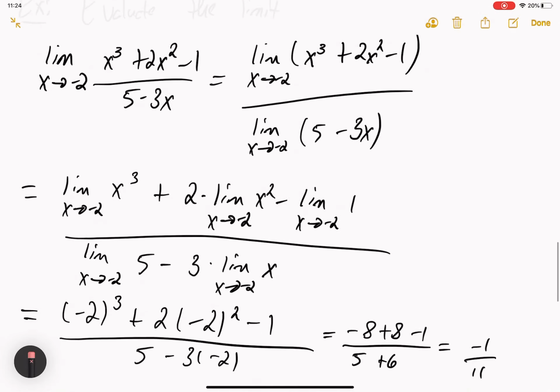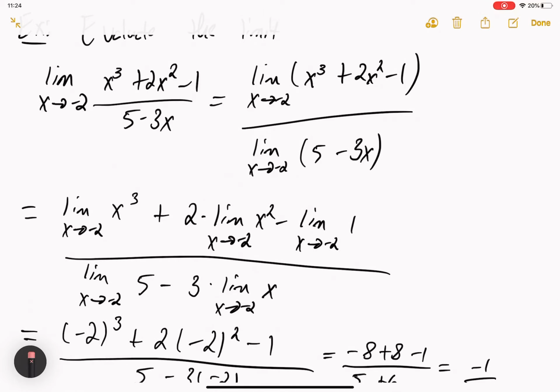And we can extend this idea to more complicated algebraic expressions.